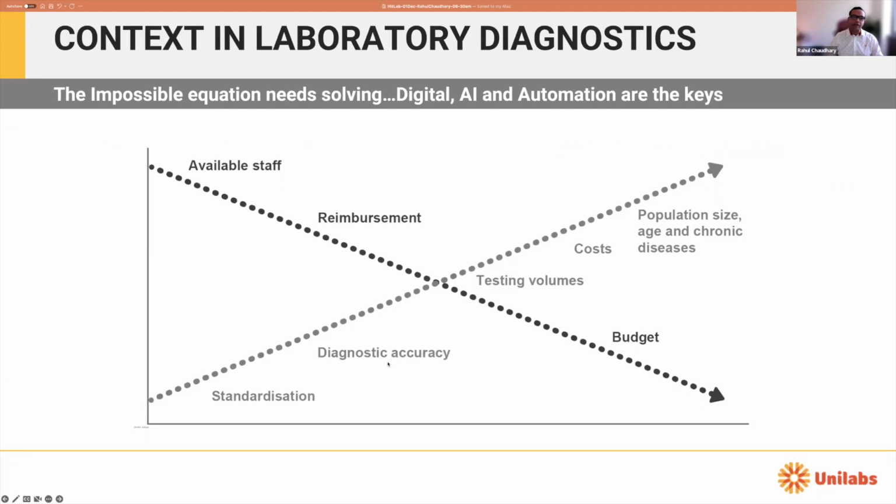And then if you see the need for diagnostic accuracy is increasing. The need for standardization is increasing. The costs are increasing. And then if you see the volumes of the samples are increasing as well because of the population size and more chronic diseases because you have more people living longer. So this is the impossible equation, and there is a sweet spot here in the middle. And that sweet spot can be enhanced through the use of digital, AI, and automations.